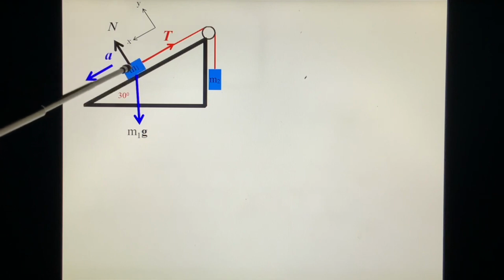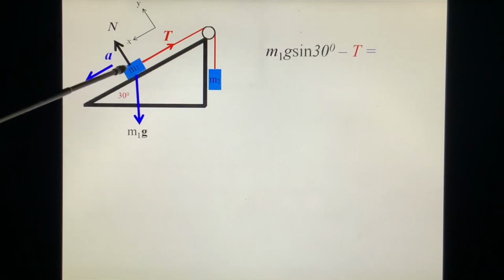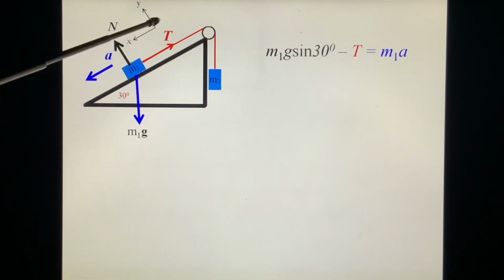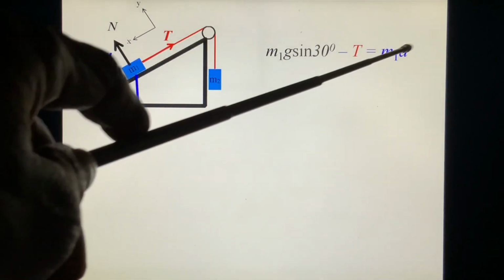M1 accelerates downwards under the three forces. So we write M1g sine 30 degrees along the x direction, minus T equals M1a.